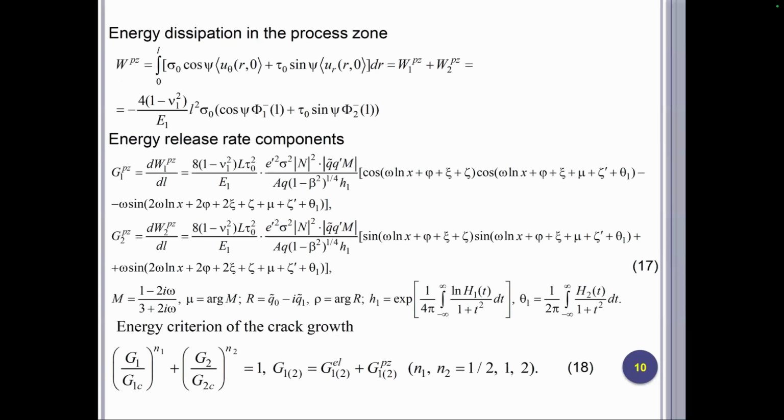To apply the displacement criterion to this problem, we should calculate the jumps for the displacement on the crack line, which is given by formulas 15 and 16 on slide 9.